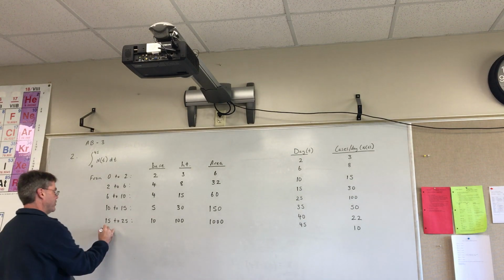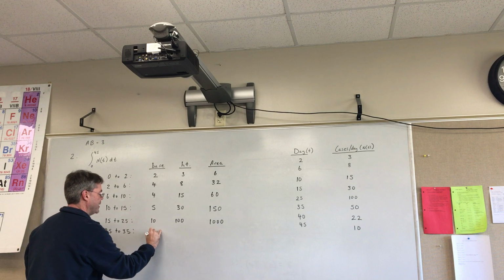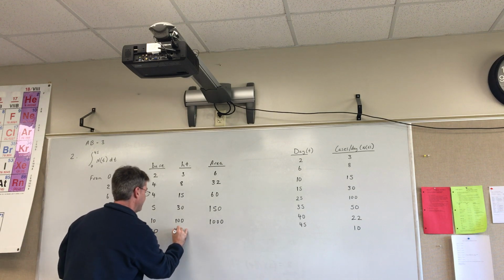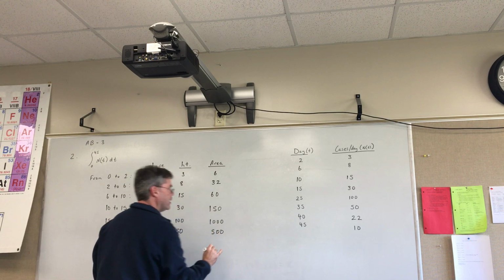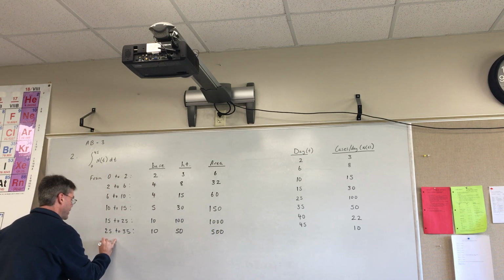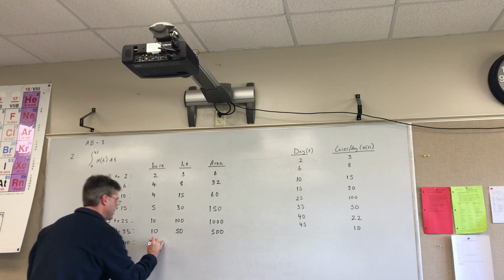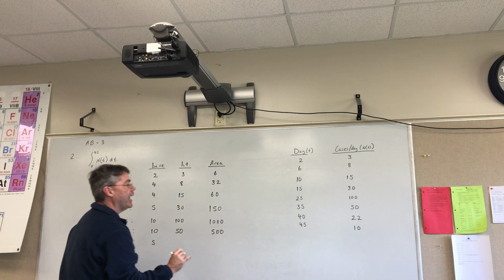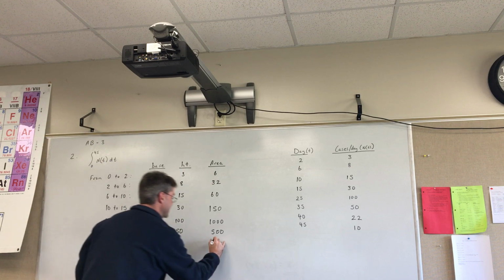From 25 to 35, okay, the base is 10, the height at 35 is 50, okay, so that's 500. 35 to 40, base is 5, height is 22, right, so that's going to be 110.